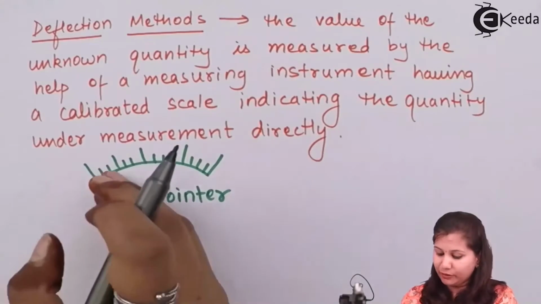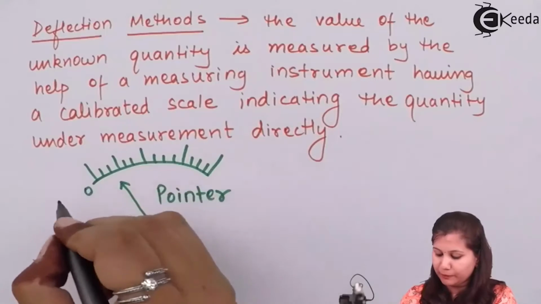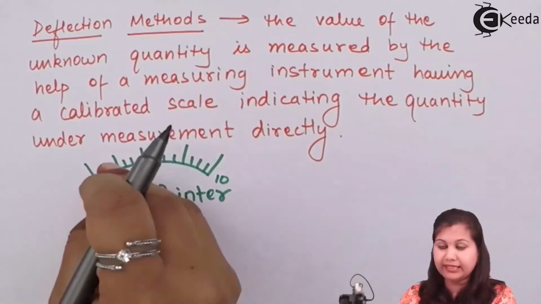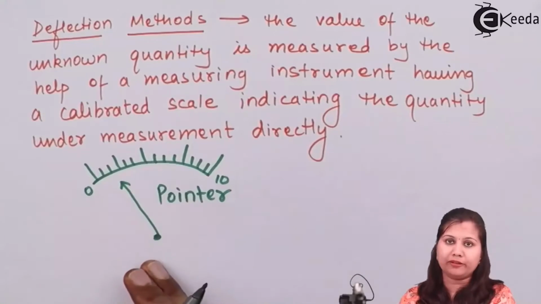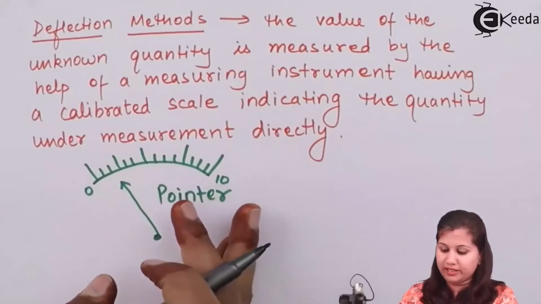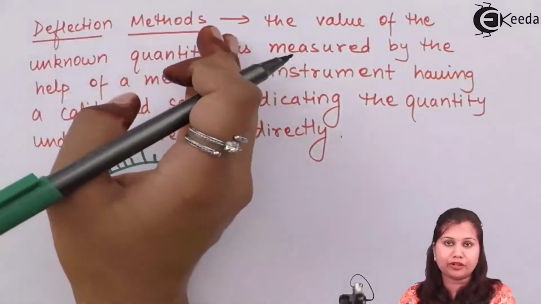So directly the value is indicated. It will start from, suppose, 0 to 10, with various divisions, so we can directly read the value of the measurement from this scale. Here the pointer is deflected, so that is why it is called the deflection method.